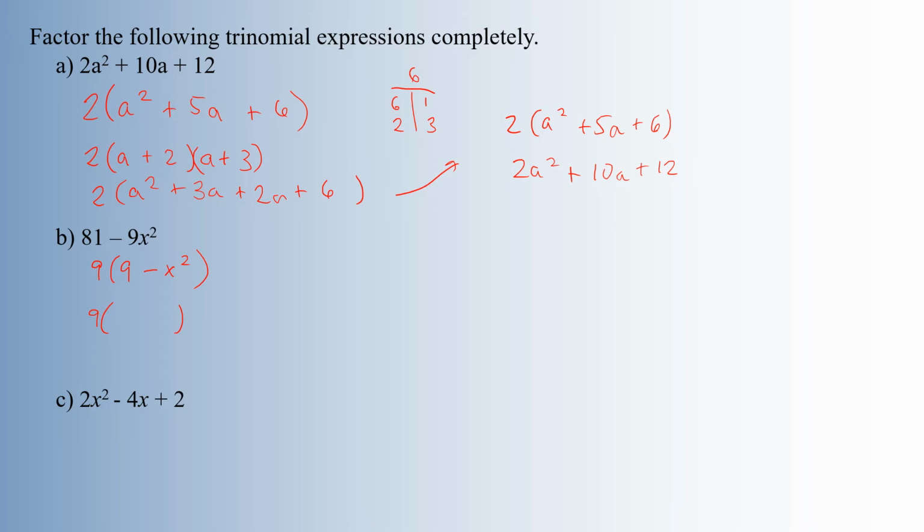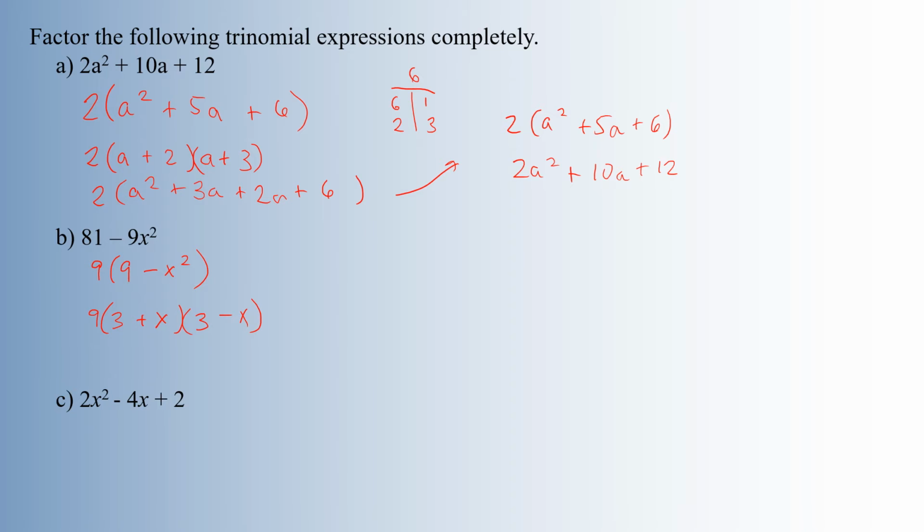So I'm going to make my 2 parentheses. The square root of 9 is 3, so I'm going to write a 3 and a 3. Now remember, with the difference of 2 squares, you do 1 plus sign, 1 minus sign, and then the square root of x squared is x and x. So I have 9 multiplied by 3 plus x multiplied by 3 minus x.